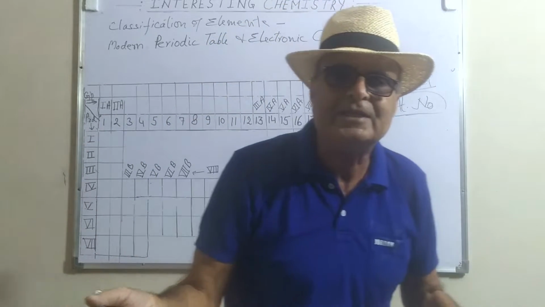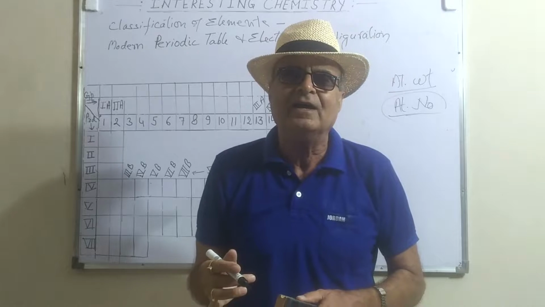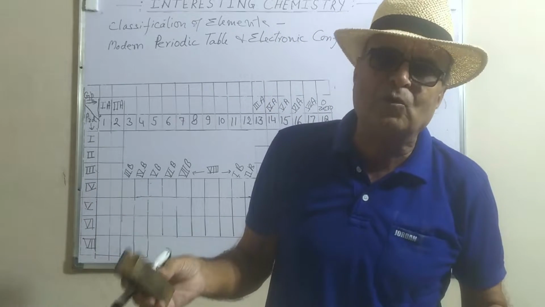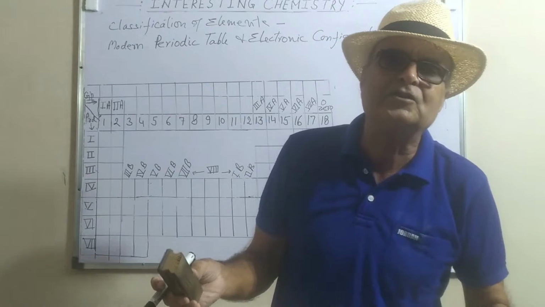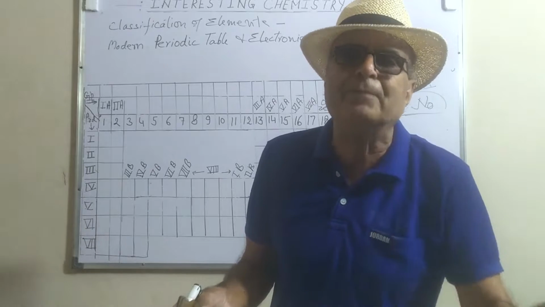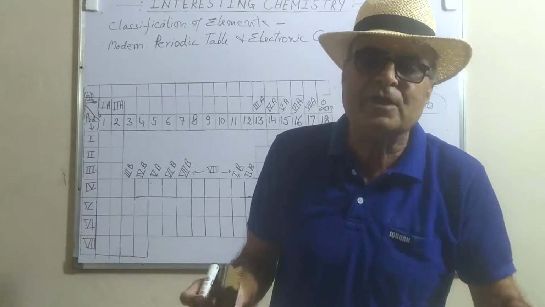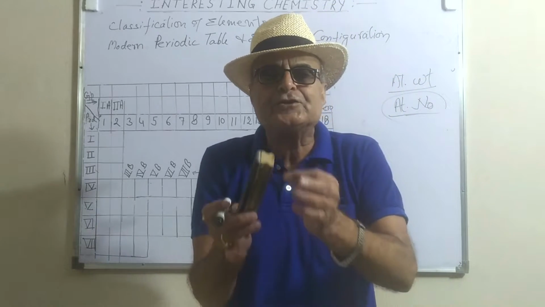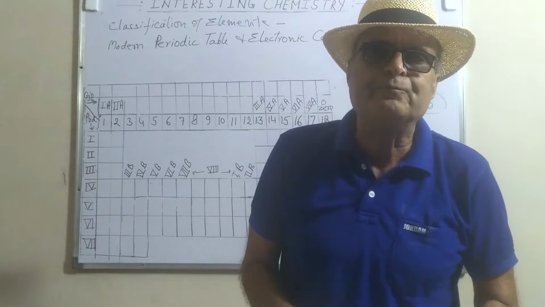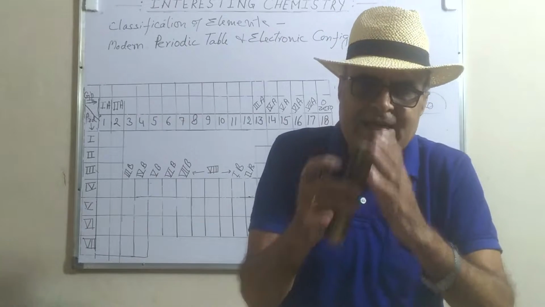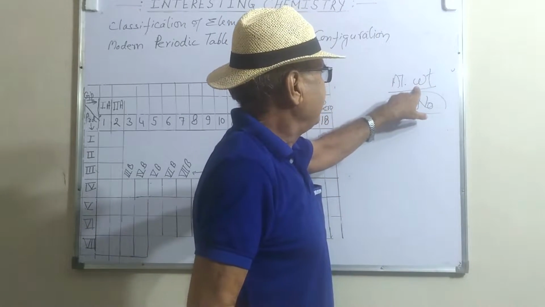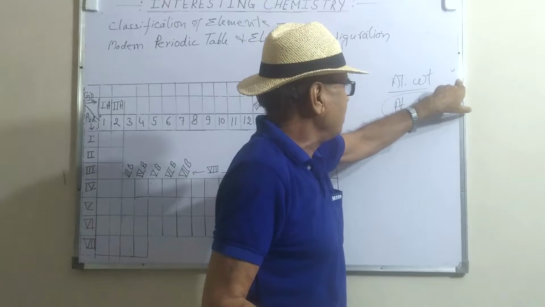So again I am telling the modern periodic law: the physical and chemical properties of elements are the periodic function of their atomic numbers. At the time of Mendeleev, the elements were arranged in the order of increasing atomic weight.